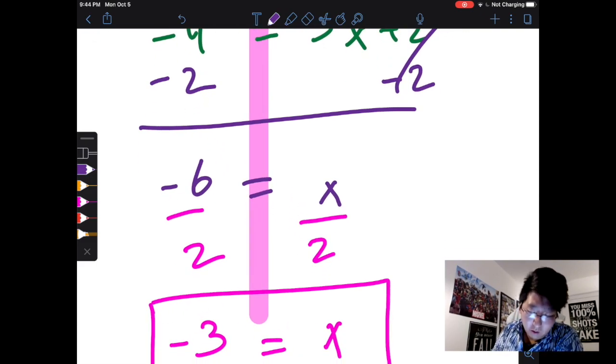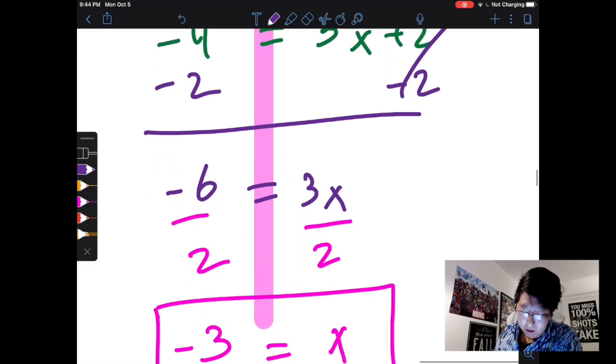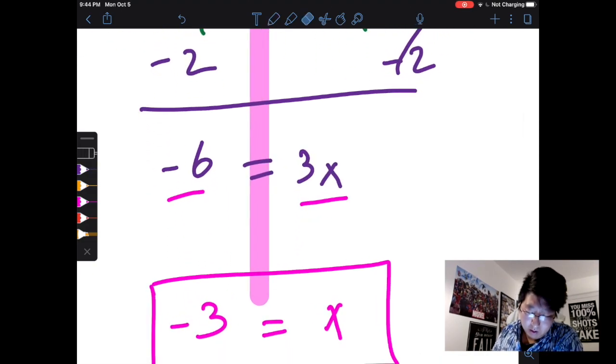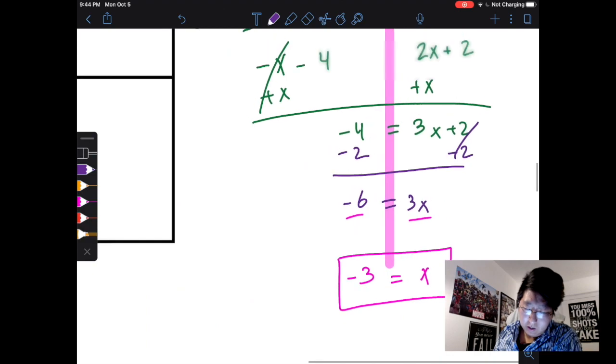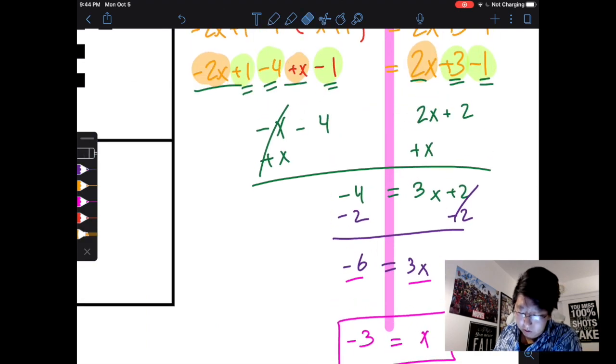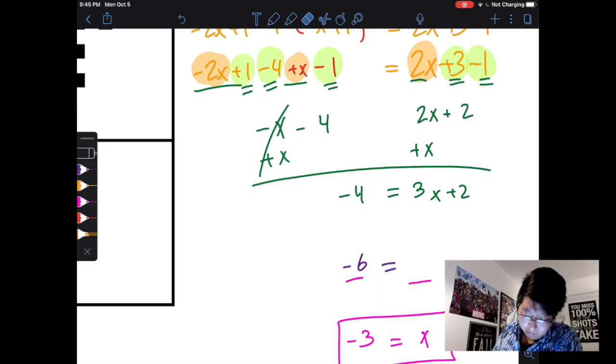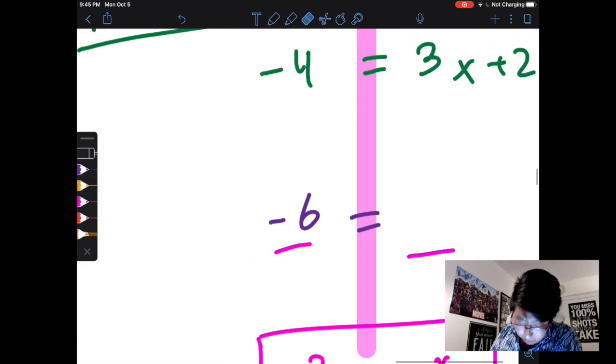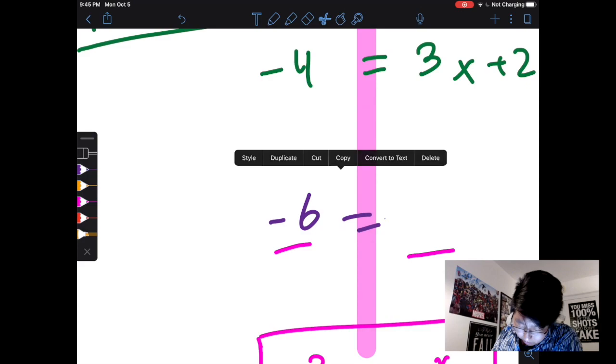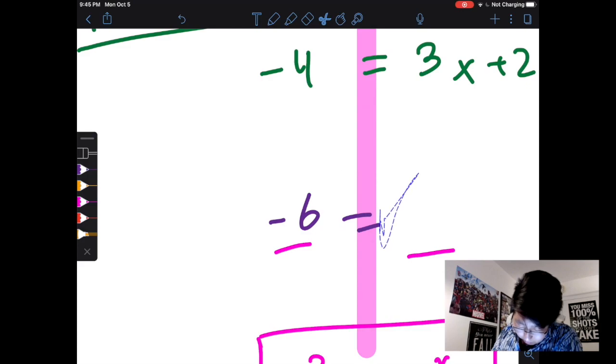Oh, sorry. Wow, I'm really messing up. 3x, and then we should be dividing by 3. I feel like I should do that again from here. So I'm actually going to erase all of this. Let's do that carefully.